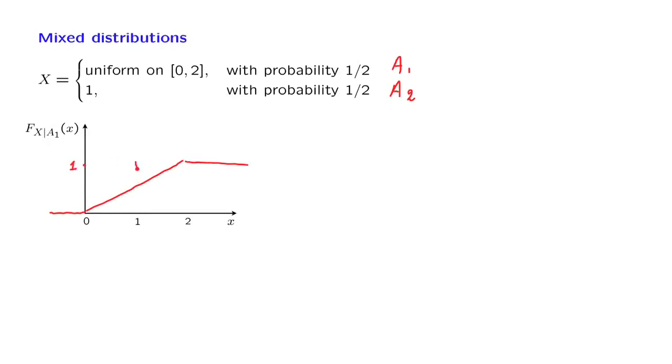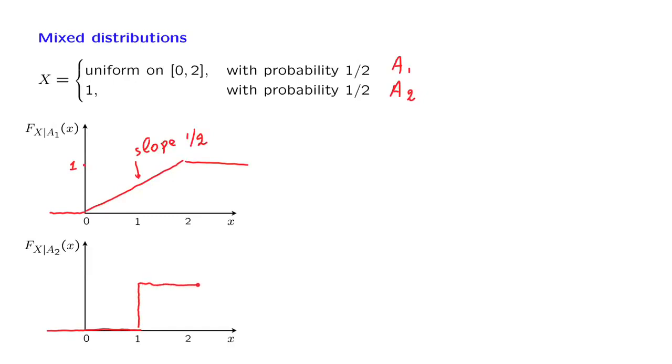So the slope here is 1/2. So the slope is equal to the corresponding PDF. Under the second scenario, we have a discrete, actually a constant random variable, and so the CDF is flat at 0 until this value, and at that value we have a jump equal to 1.